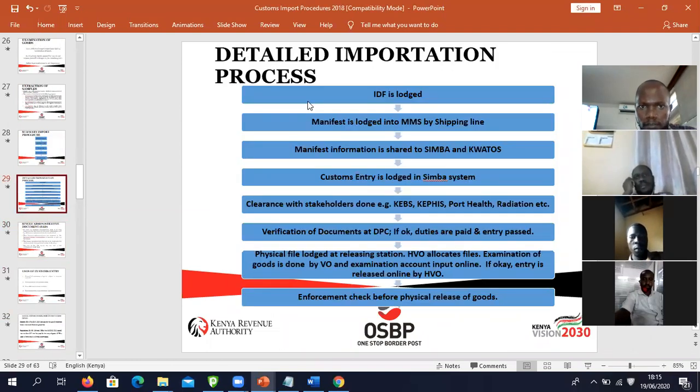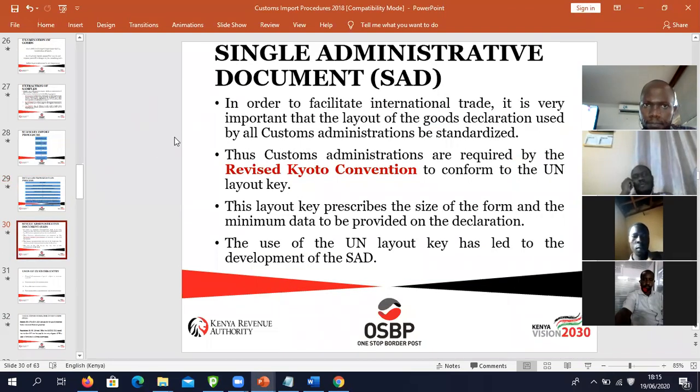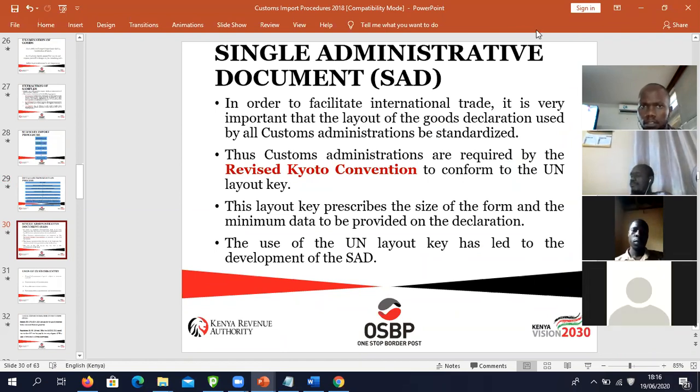If I remember correctly, I think we had talked about detailed importation process, isn't it? Then we were supposed to start on single administrative document. Can someone confirm that we're supposed to be starting on single administrative document? Yes. Okay.